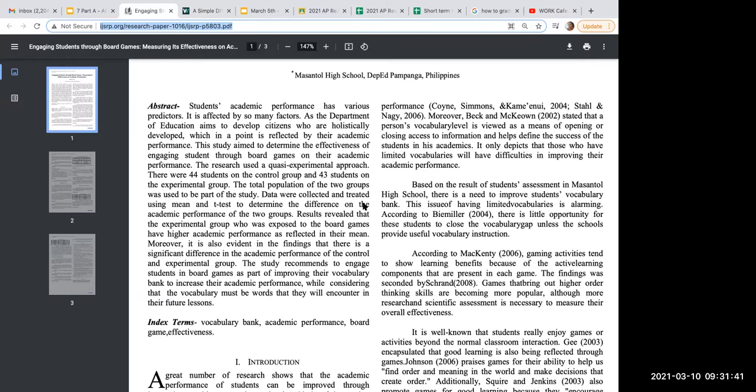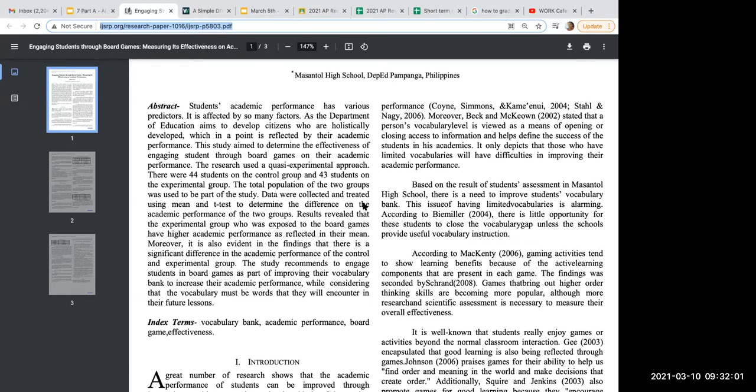Data were collected and treated using mean and t-tests to determine the difference in the academic performance of the two groups. Results revealed that the experimental group who was exposed to the board games have higher academic performance as reflected in their mean.